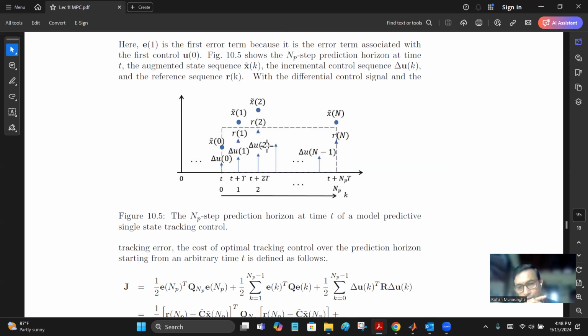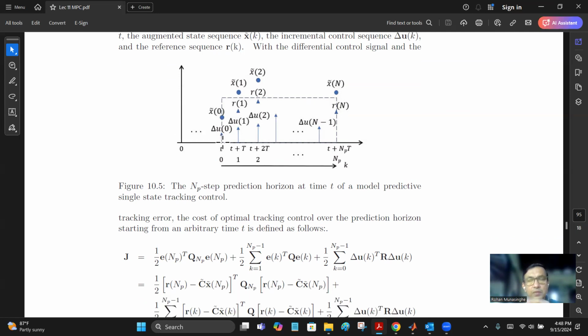You can see over here some of the variables from the original state space and some of the variables from the transformed state space. Once you calculate the optimal delta u, you implement only the first element.